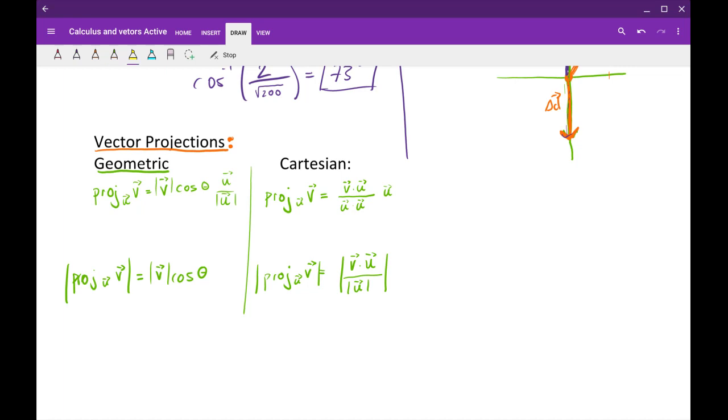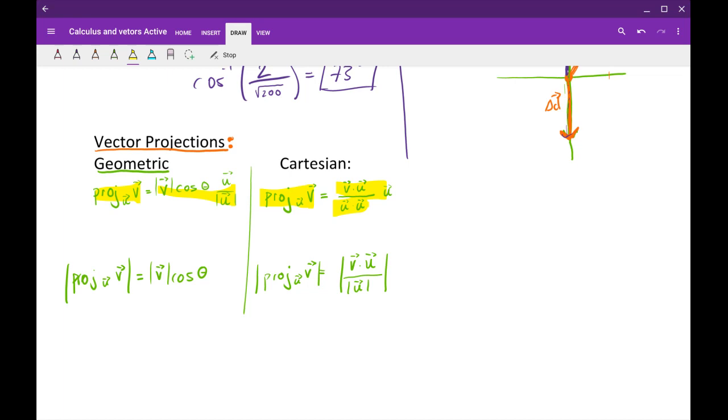Let me just reiterate what this is. This is the projection of a vector V onto U. If your vectors are given in geometric form, you use this formula. Sorry, this one is the projection of V onto U as well, and you use this formula if your vectors are given in Cartesian form.